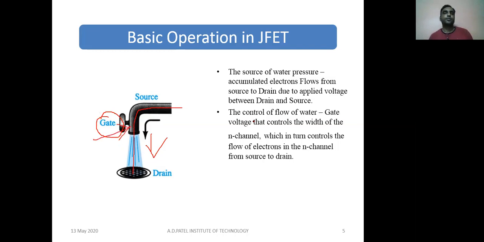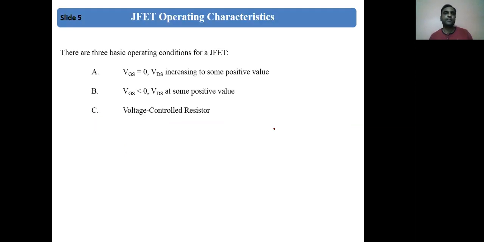Okay, so this is how you can compare. You will understand this thing whenever we discuss the characteristic of the JFET, or you can say current flowing phenomena in the JFET. Okay, so now we will understand the operating characteristic, or you can say output characteristic of the JFET. Okay, so we will understand this characteristic mainly in two portions.